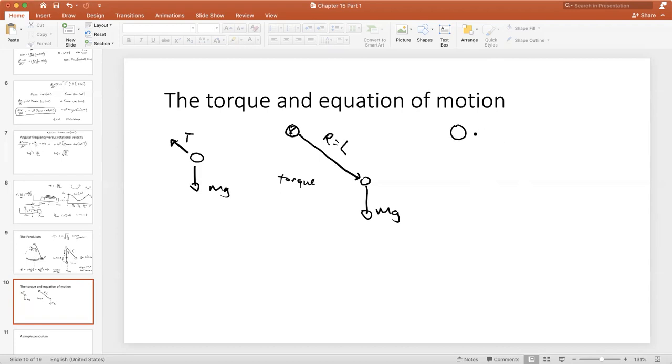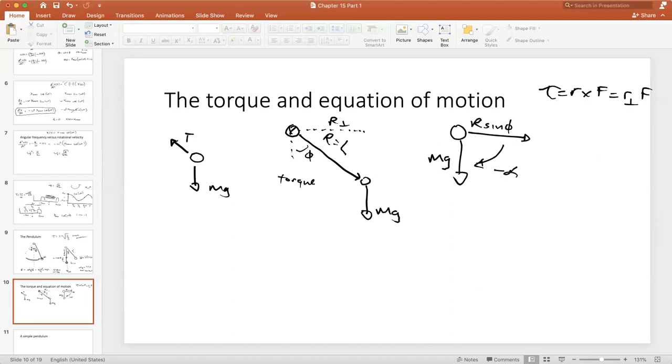But let's actually draw the torque diagram, and we note that this is our perpendicular because the torque is r cross F, which is r perpendicular F, and r perpendicular is, if this is phi, then this is r sine phi, and this force is mg. And we see that it's a negative alpha. So our torque is going to rotate it in a negative direction.